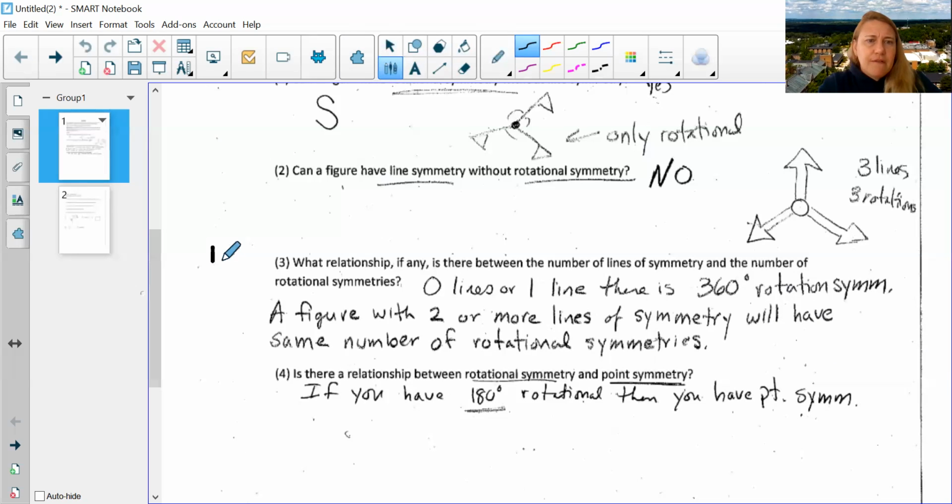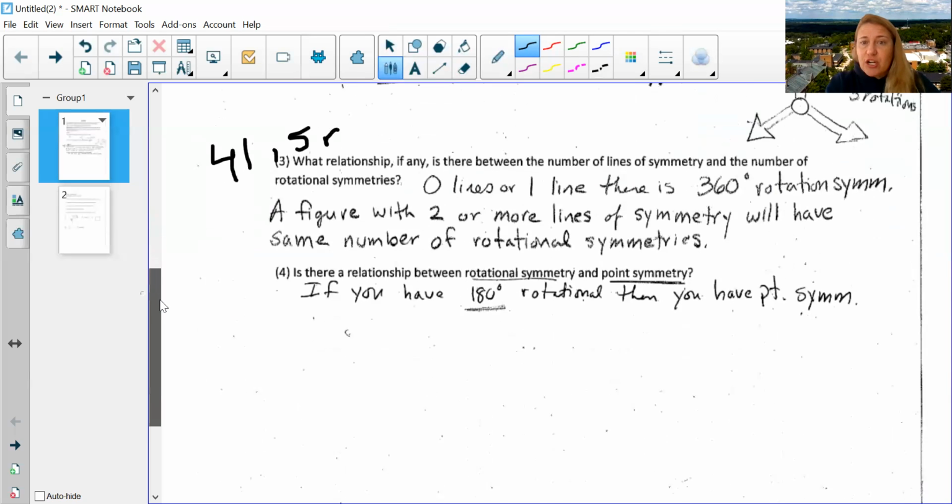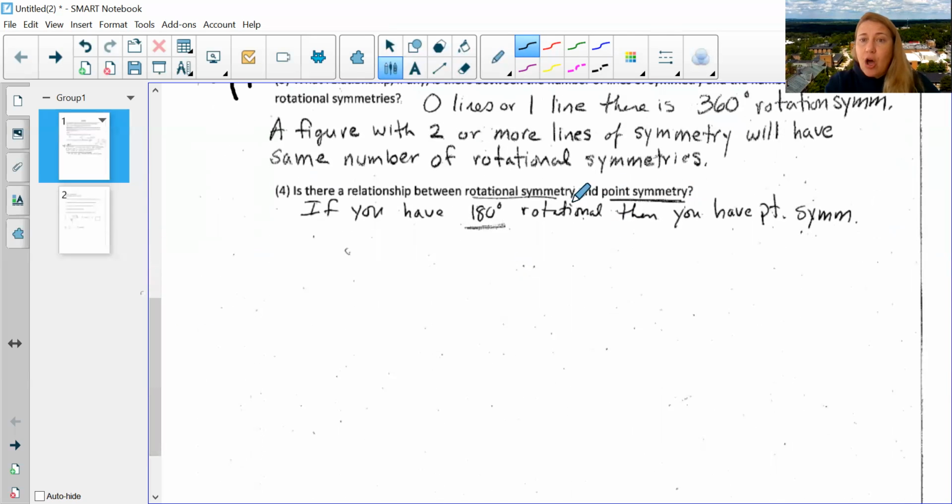I hope immediately you would say that's not possible. If it has 4 lines, it has 4 rotational. So I hope none of you are spending hours trying to draw something that is not possible to draw.